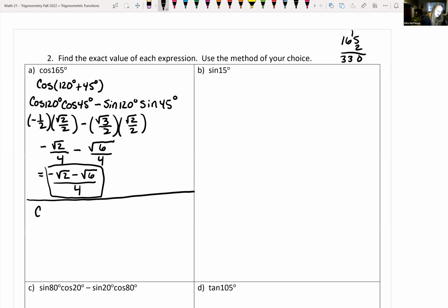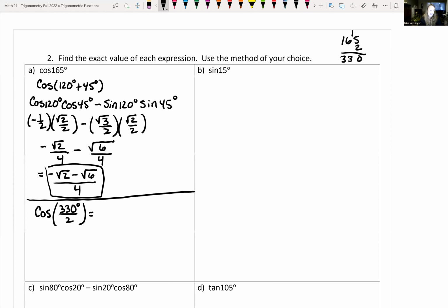We can rewrite cosine of 165 degrees as cosine of 330 degrees divided by 2. So recall for the half angle, we have a plus or minus in front of that radical, and we have to decide, are we going to use the positive or the negative?